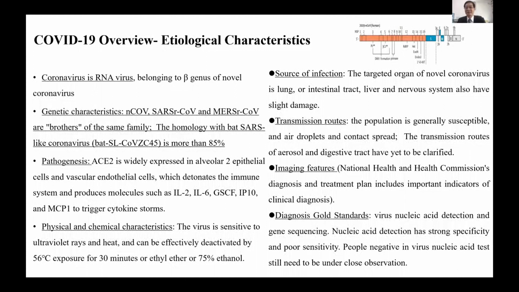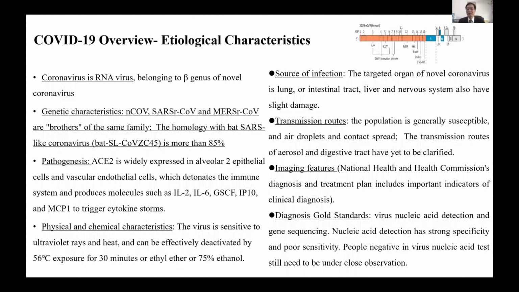Source of infection: the targeted organs of the novel coronavirus are the lung; the intestinal tract, liver, and nervous system also have slight damage.